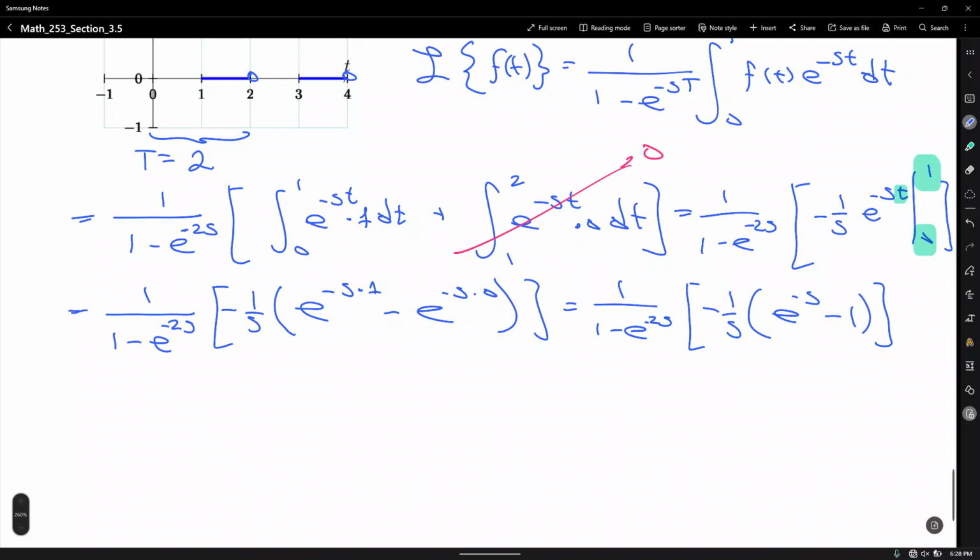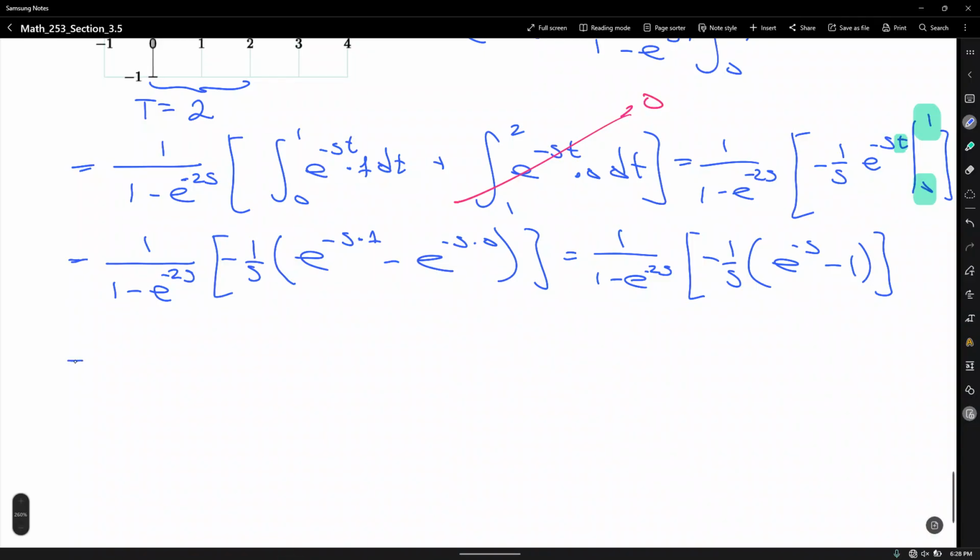Simplify this algebraically. Okay, actually, check this out. I'm just going to use this negative here. So 1 over 1 minus e to the negative 2s times 1 minus e to the negative s divided by s. You guys agree with this? Reverse the order, division by s. And then I'm going to group everything in one single factor.